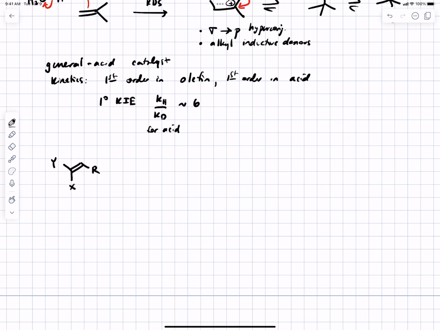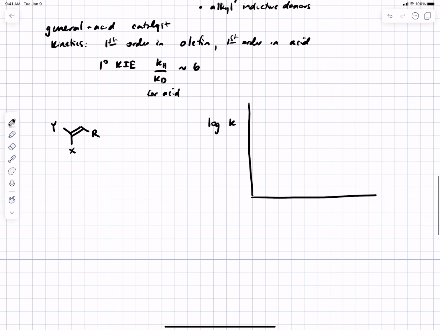And they measured the rate of olefin addition as a function of this term, the sum of sigma plus values. Now, if you remember when we first introduced Hammett analysis, sigma plus is how good something is at being an electron donating group versus withdrawing group by resonance.